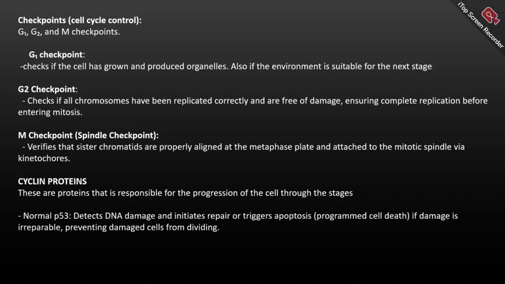Then we said there are two, so there is another one, known as abnormal P53. Now the abnormal one doesn't trigger apoptosis. It will just be looking at the cell which is dividing, minding its own business.